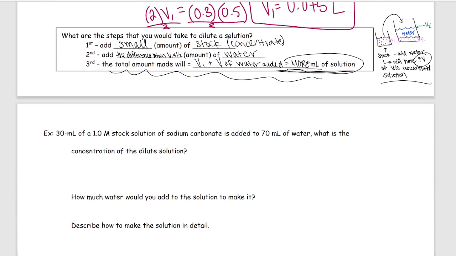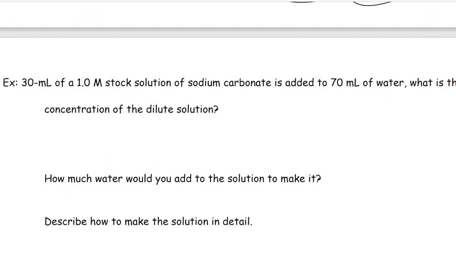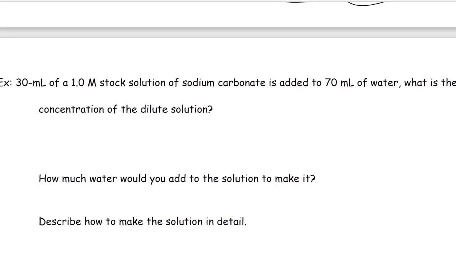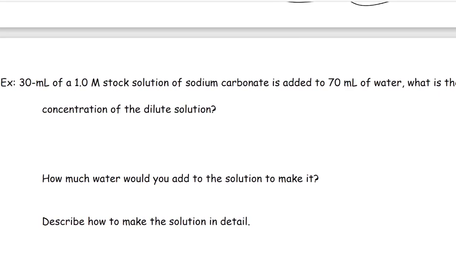If I go down to the next page for our example, it says 30 milliliters of a 1.0 molar stock solution of sodium carbonate is added to 70 milliliters of water. What is the concentration of the dilute solution? So what's happening is I have my concentrated stuff. My volume 1 is going to equal 30 milliliters.